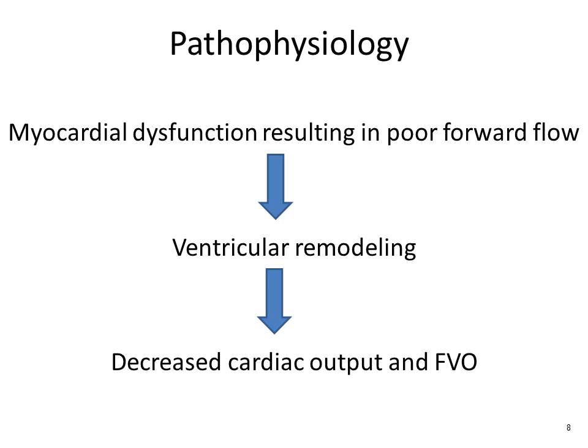So that is what we call left ventricular remodeling. So we have this myocardial dysfunction that results in poor forward flow. The blood can't leave the heart. There's an increase in afterload, an increase in systemic vascular resistance. The ventricle starts working really hard, which increases the oxygen demand.